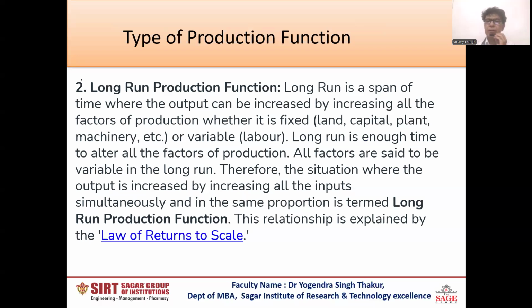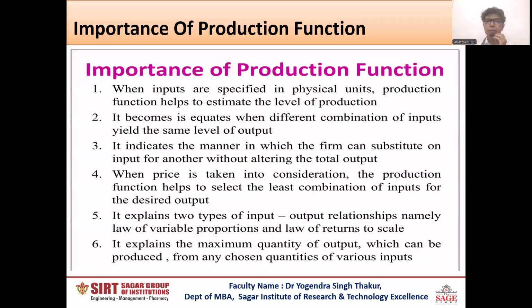All factors can be raised, so they are said to be variable in the long run. Therefore, the situation where output is increased by increasing all the inputs simultaneously and in the same proportions is termed the long run production function. The relationship is explained by the law of returns to scale.